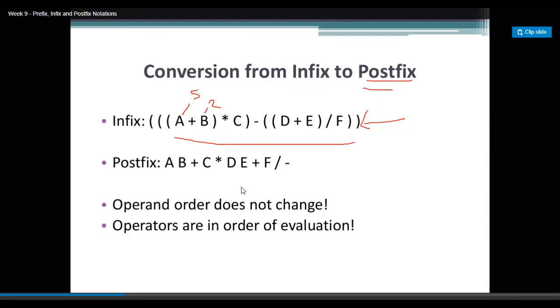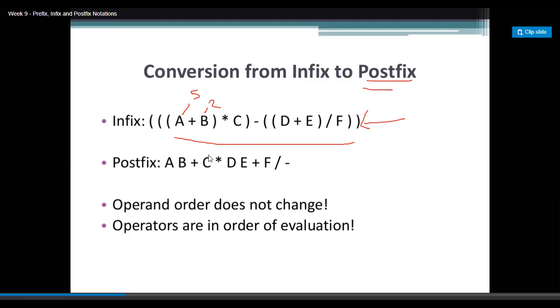What does this mean? If you look closely, the first one was plus, and here the first one is plus; the second one was multiplication, and here the second one is multiplication. Then you see here it changed. Sorry, I was talking about the operators. The operators are in the order of evaluation.